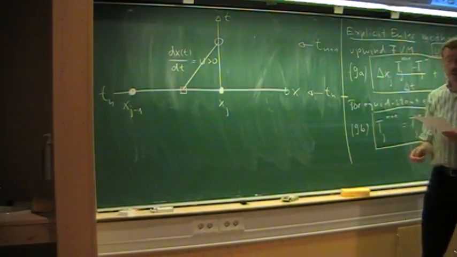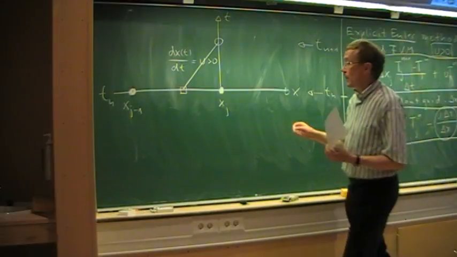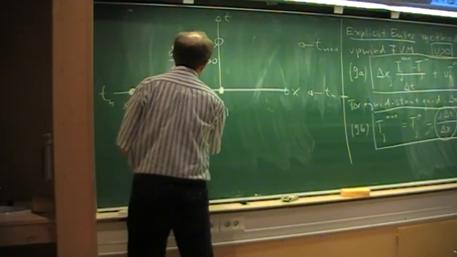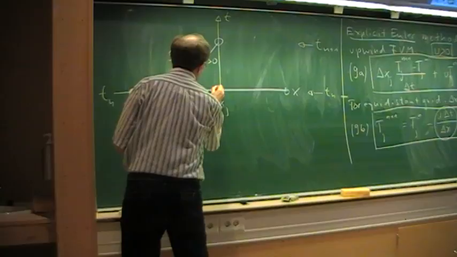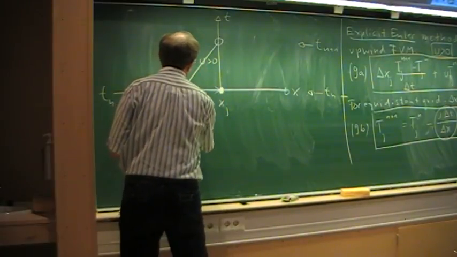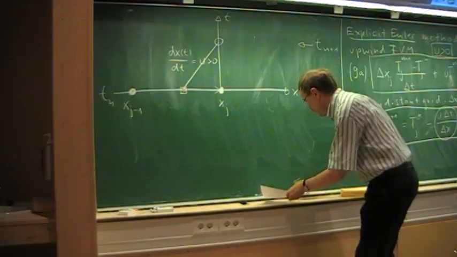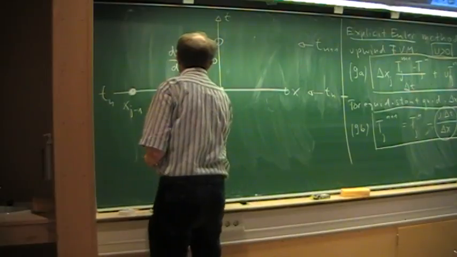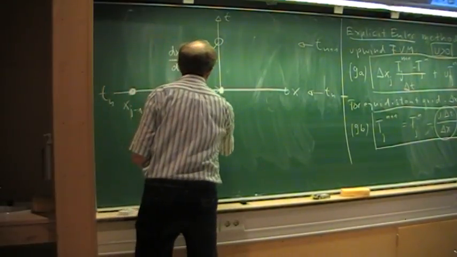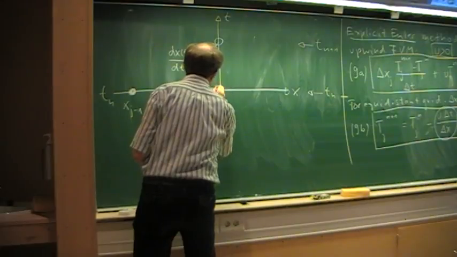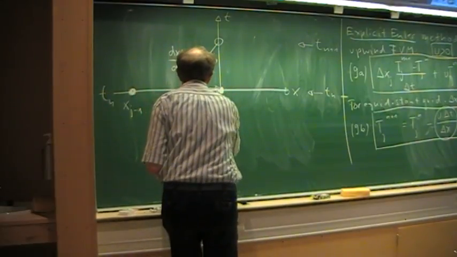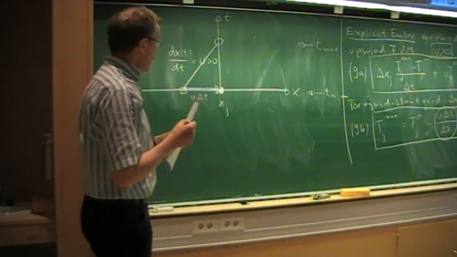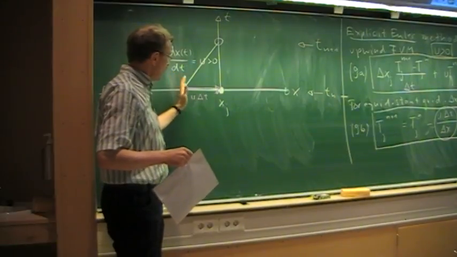And what is this point? We know it because this distance here is u delta t. So this distance from this foot point to xj is u delta t. That is the distance that the temperature profile has traveled in the time delta t.